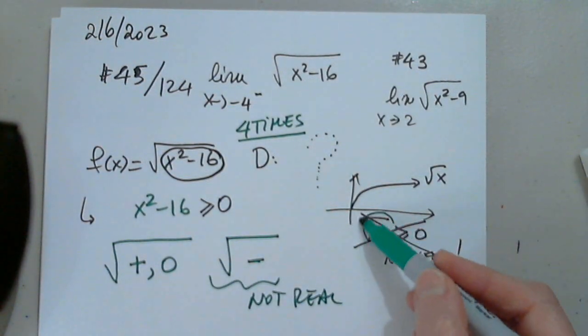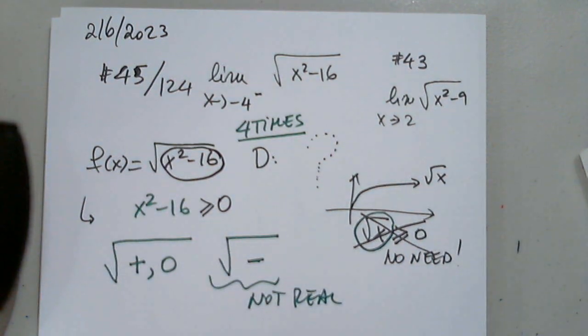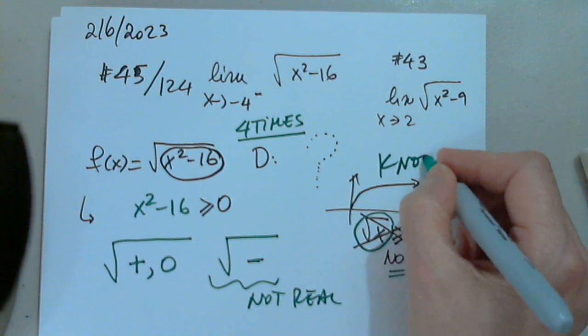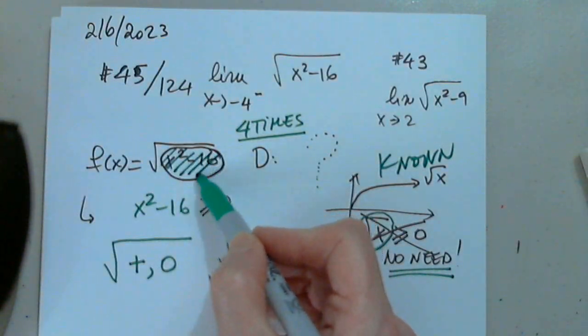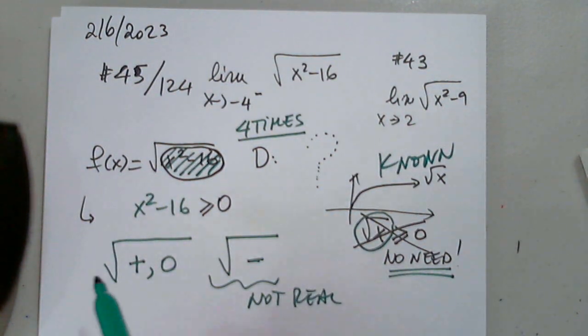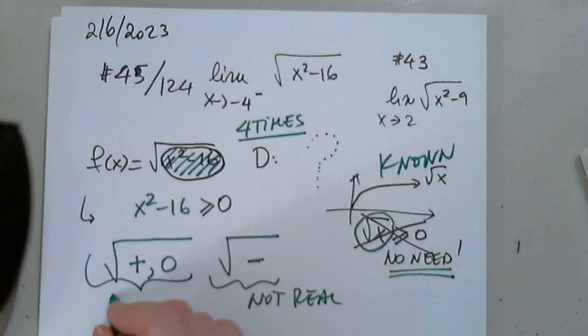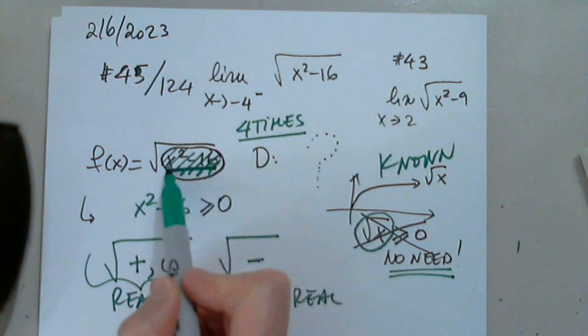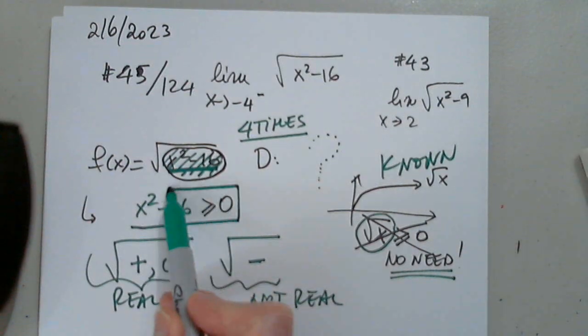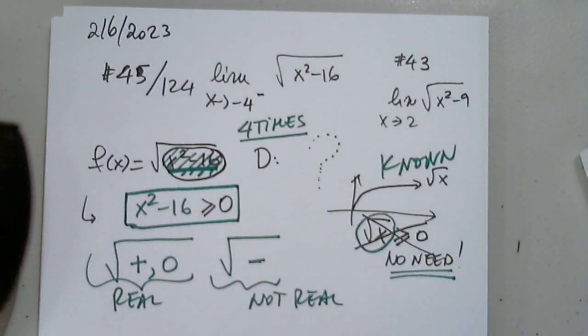We never write that the square root is greater than or equal to 0 because there is no need. This is known to be a fact. What we don't know is whether this quantity is greater than or equal to 0 to make the square root real, a real number. So please remember, it's not difficult. Under the square root, whatever we have, you have to state this condition.